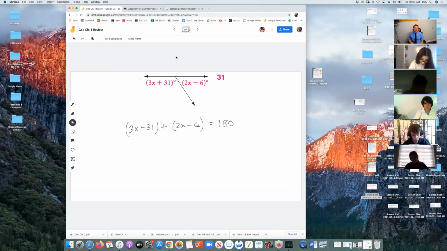It equals 180 because this is a straight angle. Next step, eliminate parentheses. Next step, combine like terms.